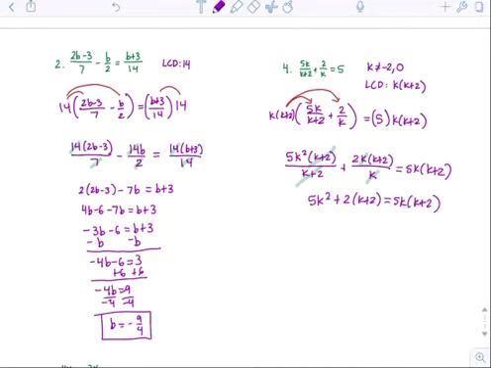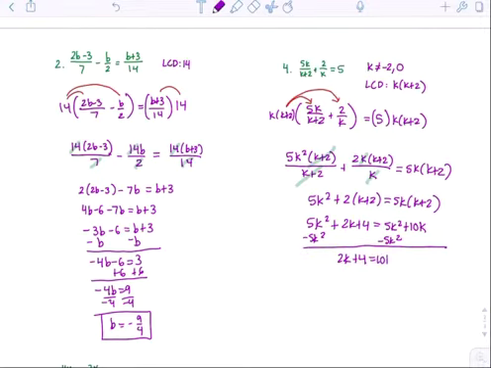So now let's solve for this. 2k plus 4 is equal to 5k times k, which is 5k squared, and 5k times 2 is 10k. Now let's solve. So I can see, subtract both sides by 5k squared, and look at that, those both cancel.